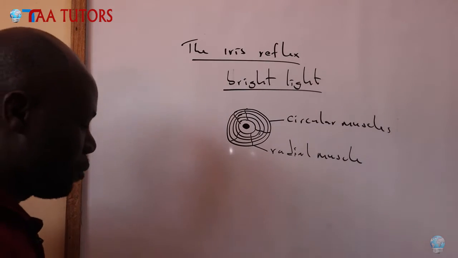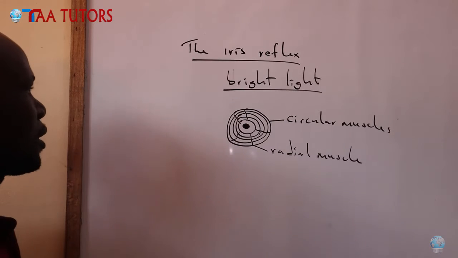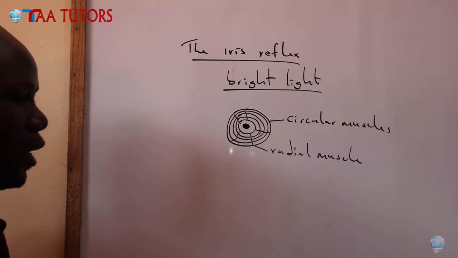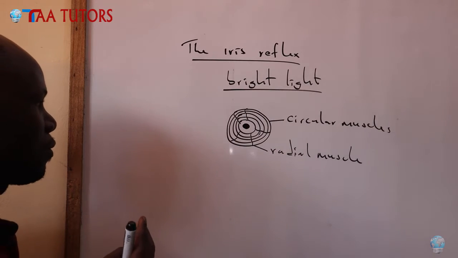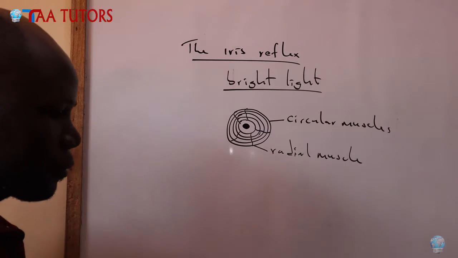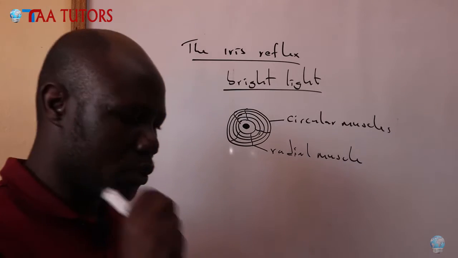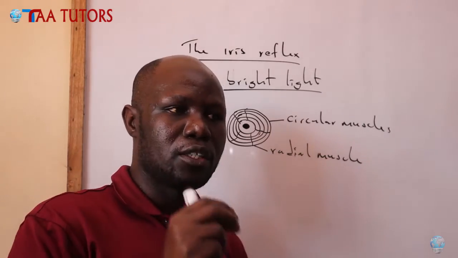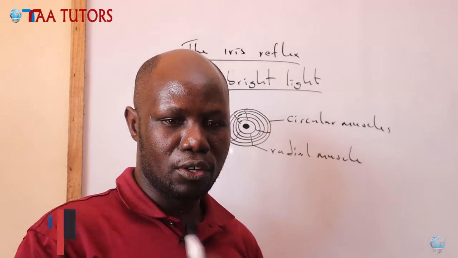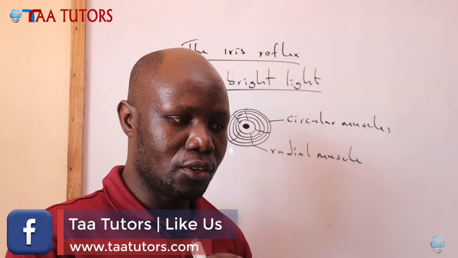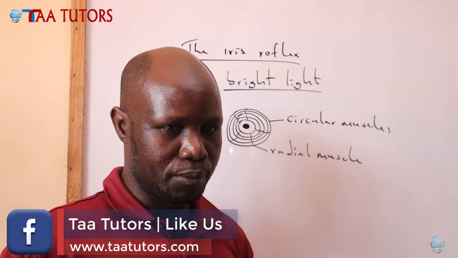What do you understand by bright light? This is a strong light. And remember, there are two instances that we have talked about. I have mentioned that if light is strong enough, it might destroy the cones and the rods, especially the cones in the retina.